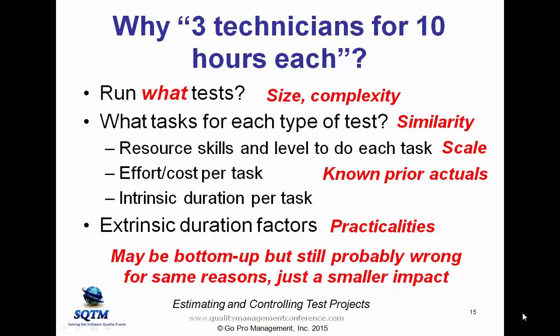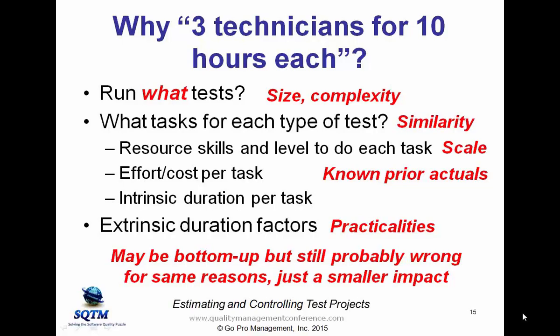So just because we're going bottom up does not mean that we have necessarily overcome these basic issues of similarity and scaling and knowing what the reference was. To be fair, going bottom up tends to reduce the impact of any given error in this regard because we're breaking it into more pieces.